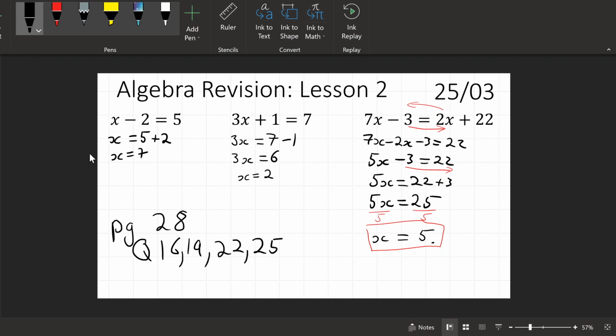And then similarly on page 31, can you girls do questions 5, 8, 11, 14, and 17? Okay, let's give this a try as your work.